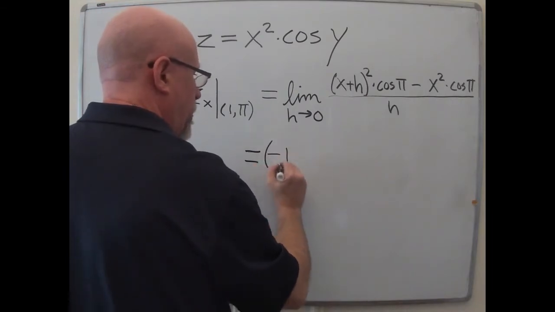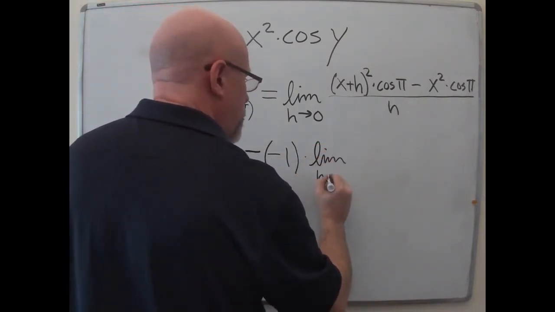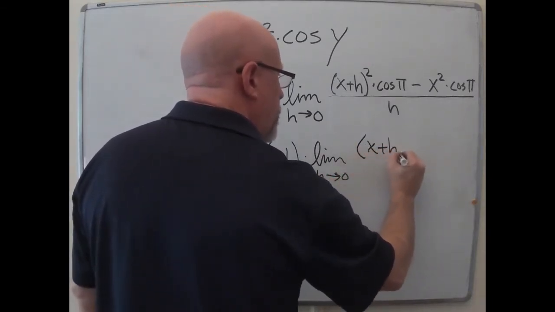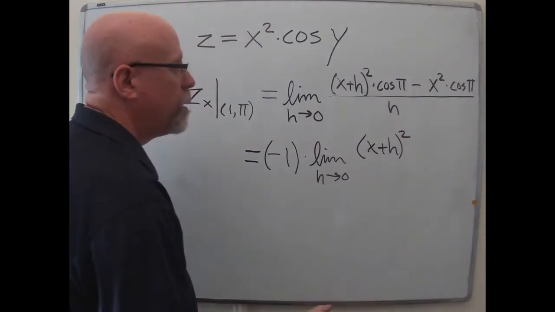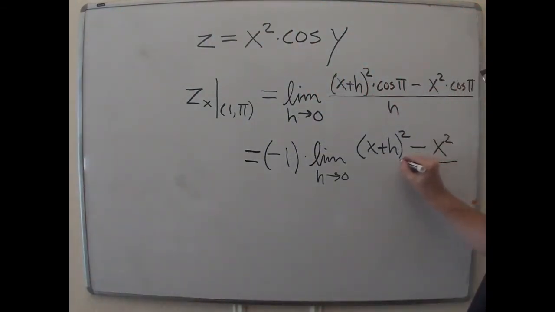It's -1 times the limit as h goes to 0 of x plus h squared minus x squared all over h. I think you should recognize this. Do you recognize this?